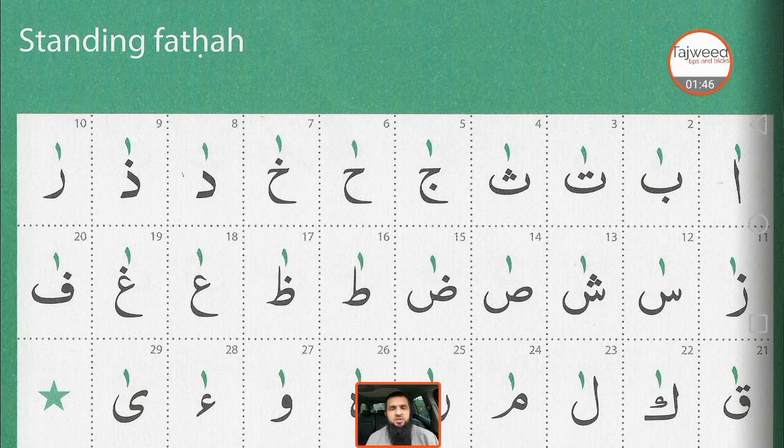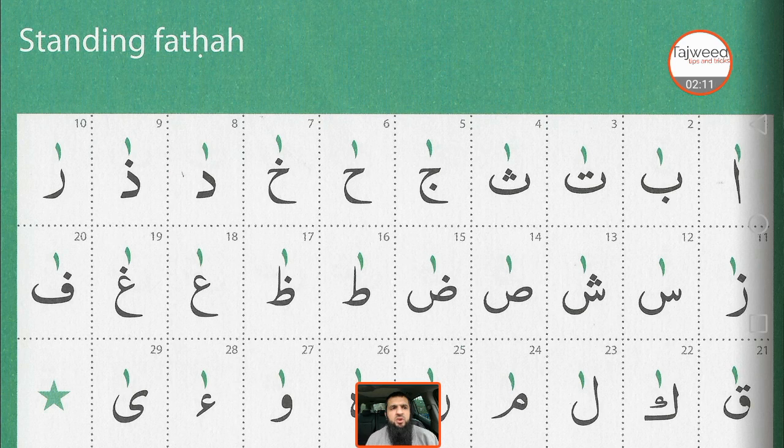So the Sad is Sa, Dad is Da, Ta is Ta, Va is Va. Then you've got the Ain, A, Ghain, full mouth again, so it's Gha. Fa is Fa.